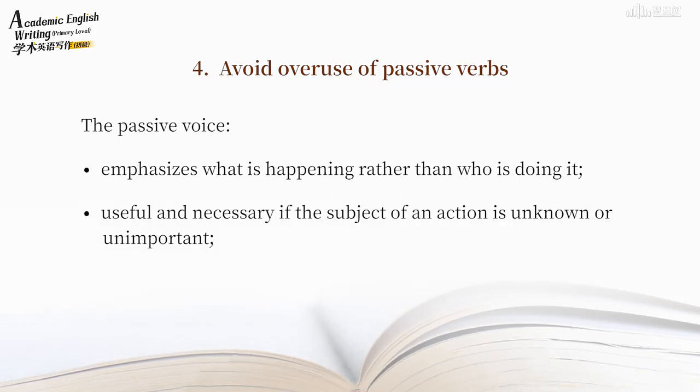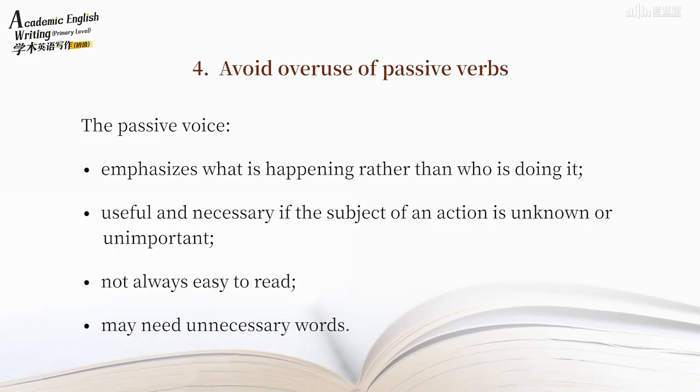Therefore, the passive voice is useful and necessary if the subject of an action is unknown or unimportant to the meaning of the sentence. However, the passive voice is not always easy to read, and it may add unnecessary words.